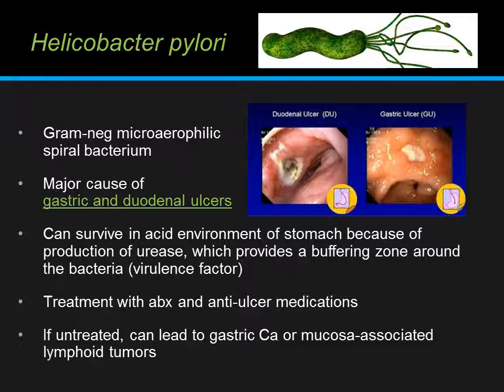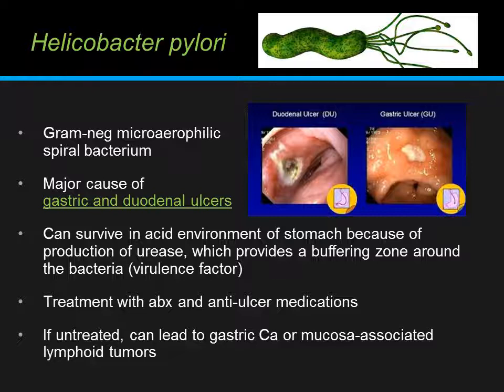Experts think an awful lot of us actually have this guy in our gut, and I think they're still working on why only some people develop ulcers. But as he burrows down through the mucosa and into the tissues below, that's the formation of the ulcer.